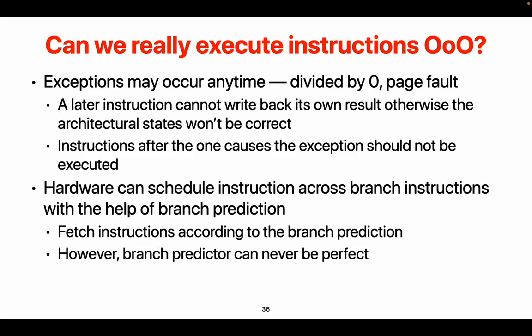However, it's not super safe to just execute instructions out of order because exceptions can occur anytime. For example, whenever you have a page fault, it can occur when you have an instruction fetch or memory access, right?